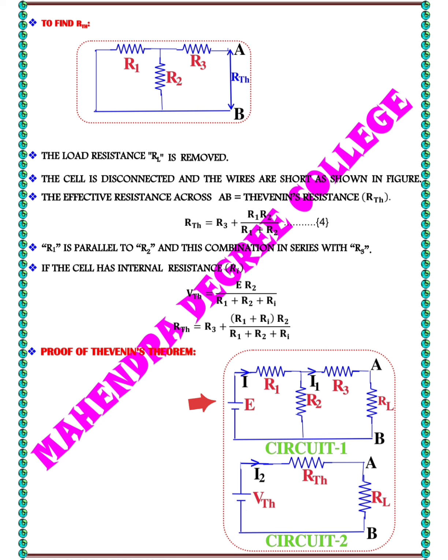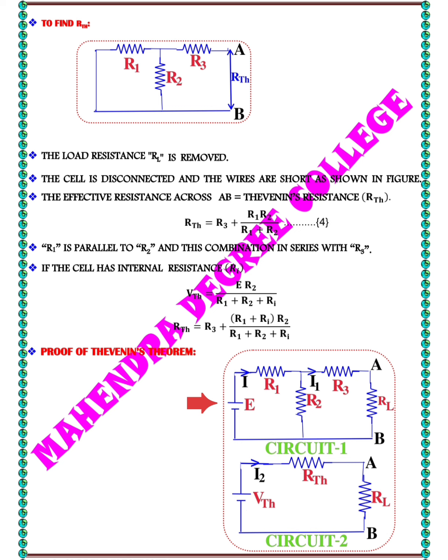The circuit 1 appears to be a Thevenin's equivalent circuit analysis setup involving a voltage source, several resistors and a load resistor, where E represents the voltage source, R1 represents a resistor in series with the voltage source, R2 is a resistor connected from the node between R1 and R3 to ground, forming a voltage divider.